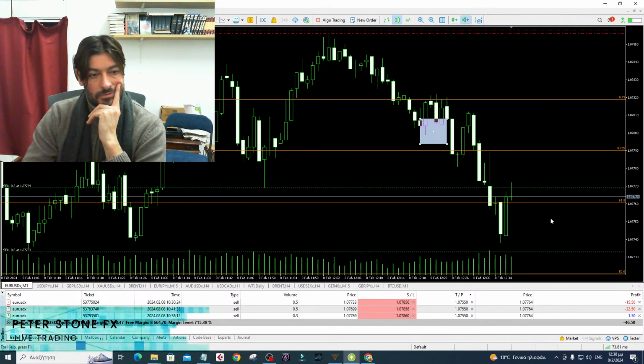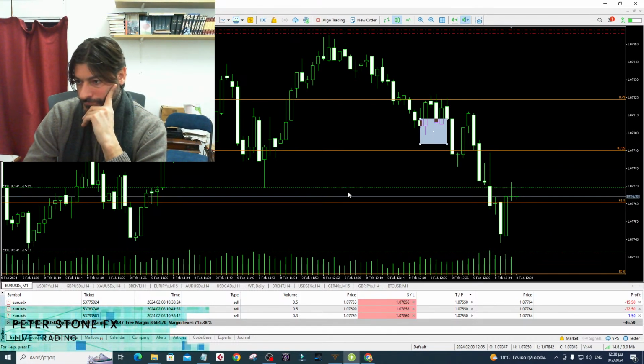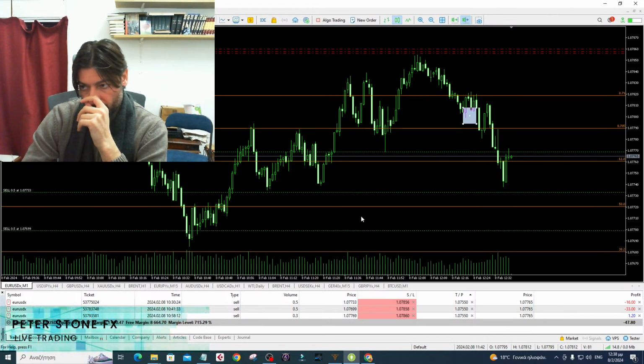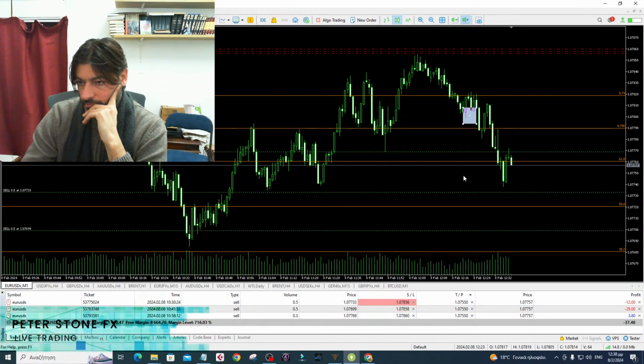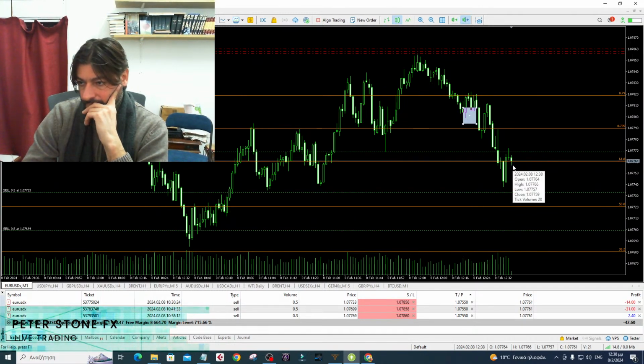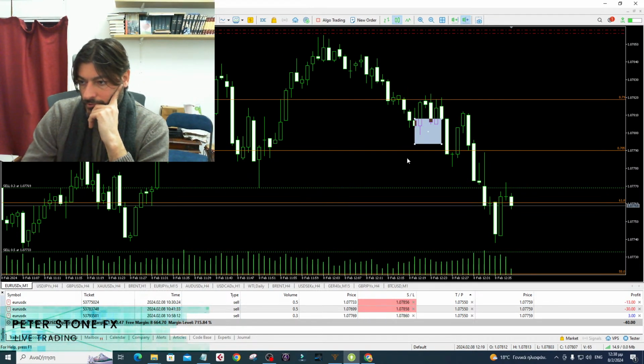So in the short term scale, you can make thousands of decisions. Here is a significant area of support, but yes, you see here, this candle actually is testing this bullish order block in a small term.